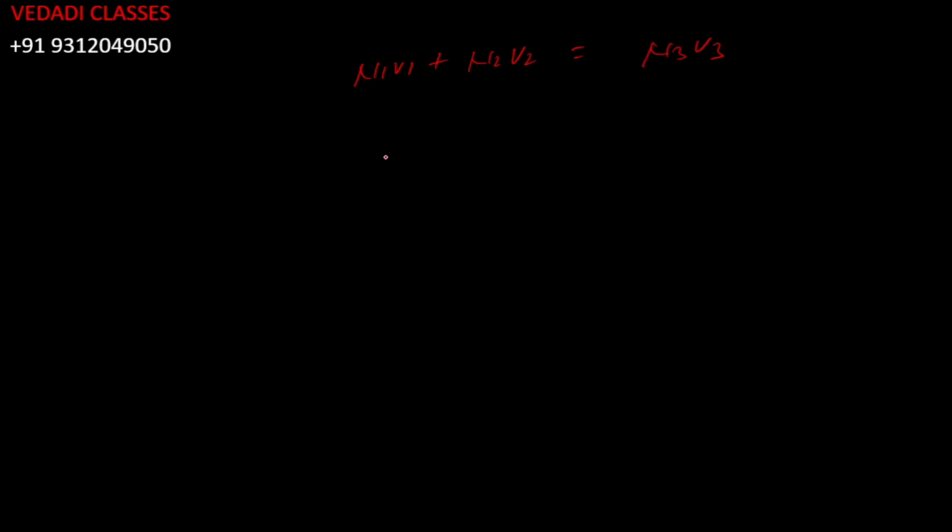Just find out the normality by using the formula: normality is equal to molarity into acidity or basicity. Put it over here, the volume is the same, and you will get N3.